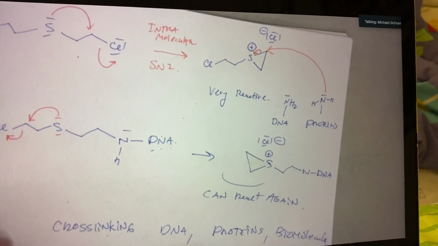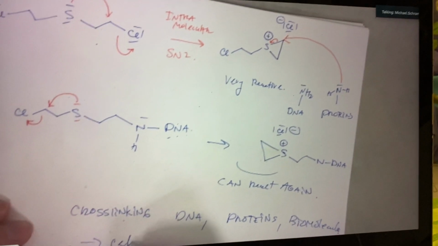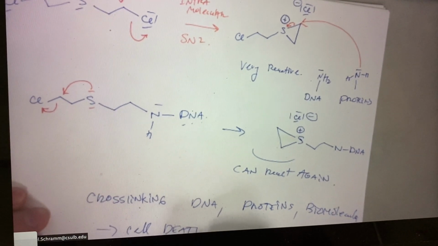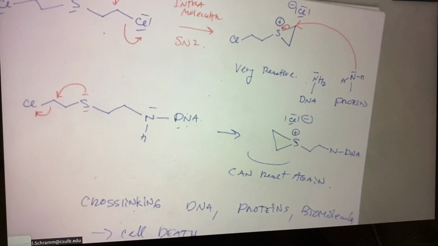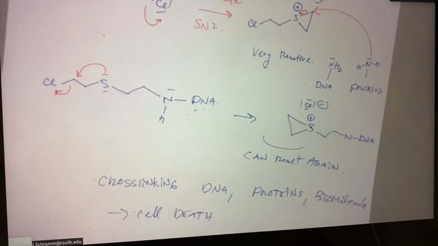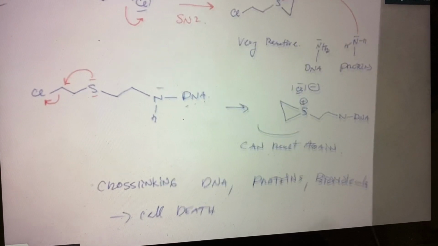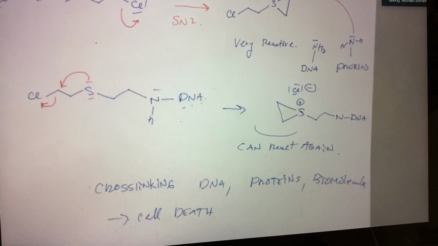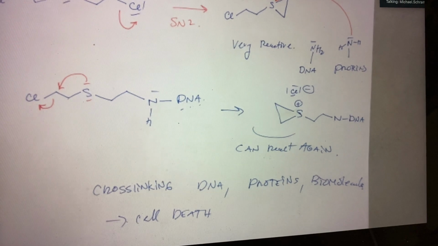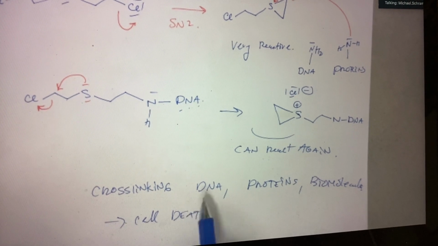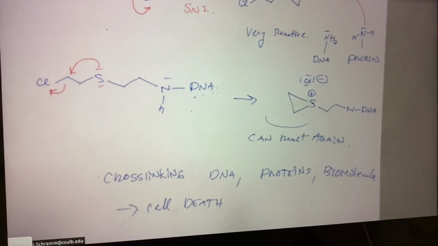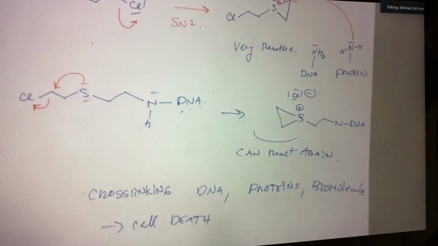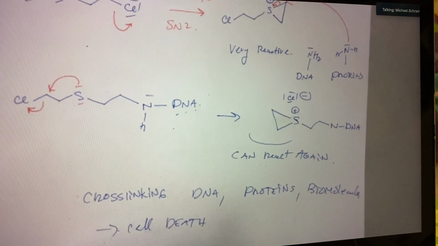And this leads to cell death, blisters, tissue destruction, etc. So these types of compounds have this very, very special type of reactivity, and when you have cell death or cross-linking of molecules, DNA that shouldn't be cross-linked covalently, we get tumors, all sorts of other problems.